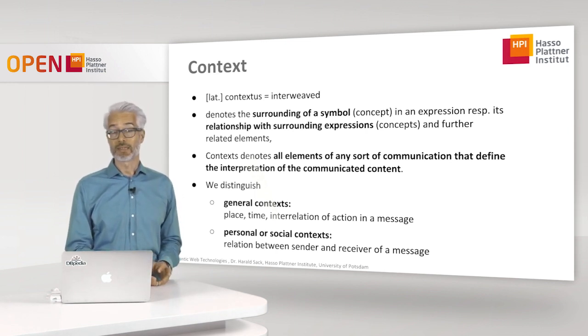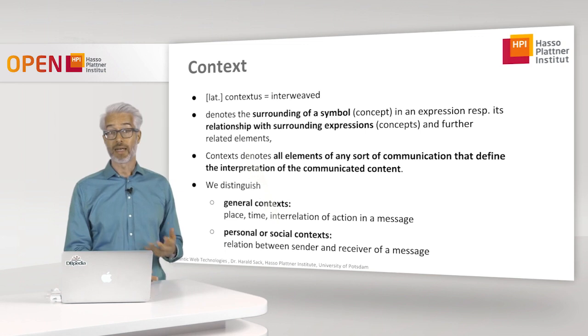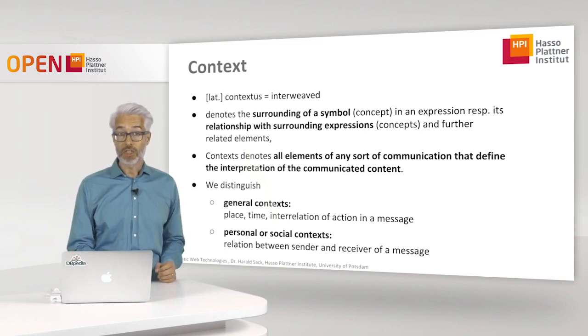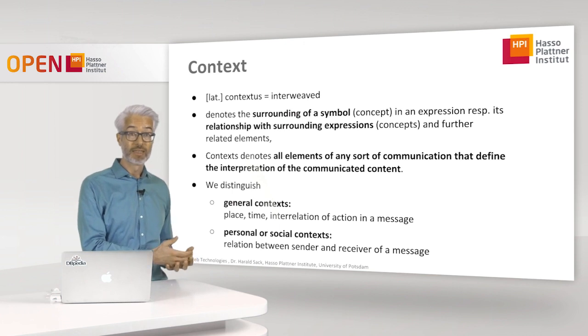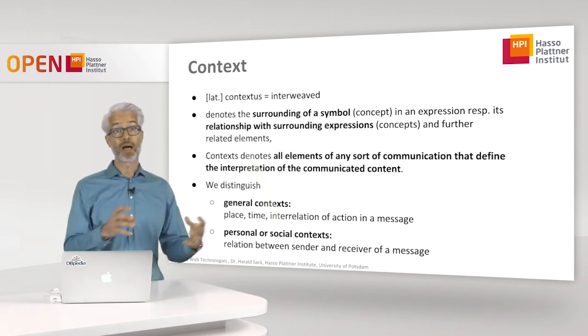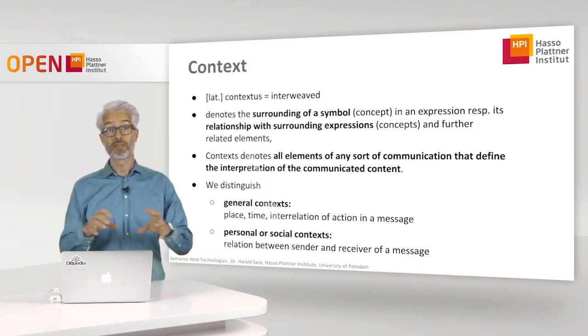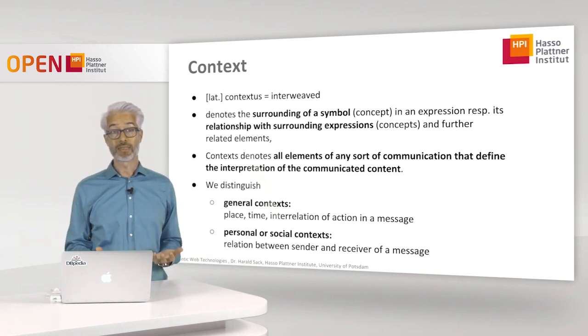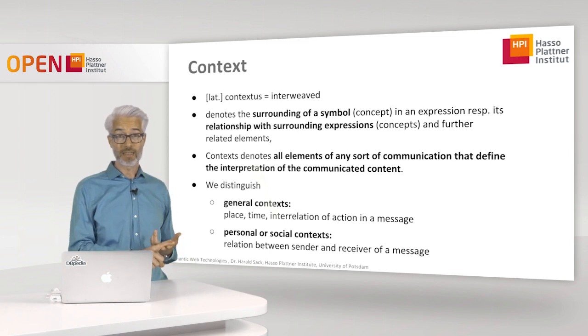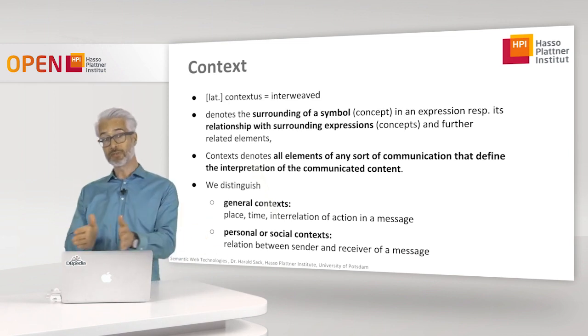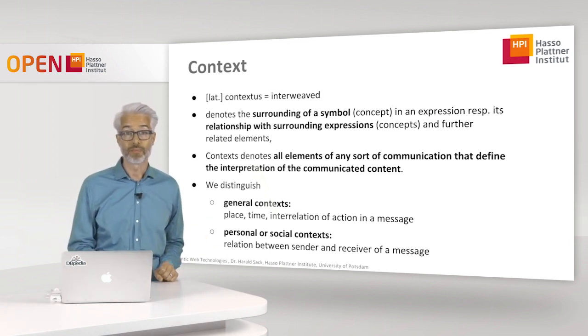So, for example, the place, the time, and other information that is also available together with a message that stems from the sender and is passed to the receiver. All additional information defines the context, and the context itself defines which kind of semantics will be chosen.